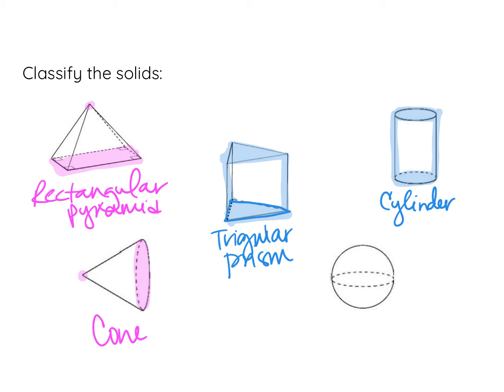And then lastly, hopefully this one is easy to recognize. This would be a sphere. Again, no bases, right? Here we would have a center, and each point on that would be equidistant from that center. Okay, so being able to identify the solid that you have is important because we're going to have to know what formula to use.